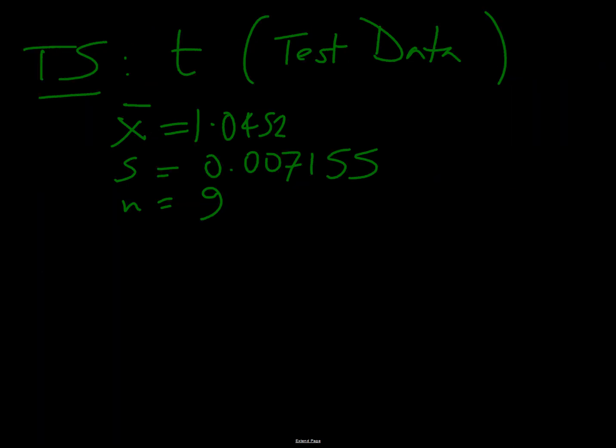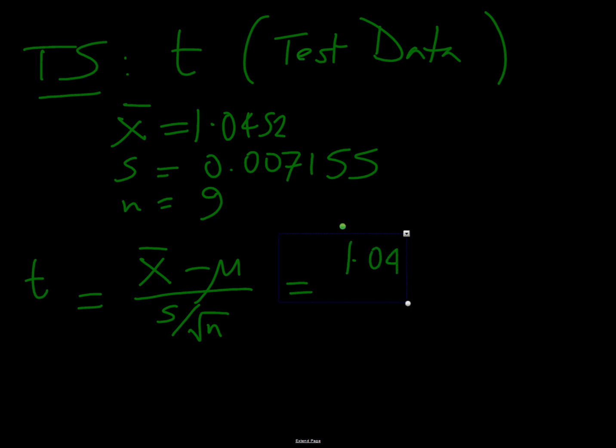So we need to find our t. Our t value in standard form is x bar minus mu over the standard deviation of the mean, which is the sample standard deviation over root n. So that's our standard formula. You've got to be able to quote it each time.